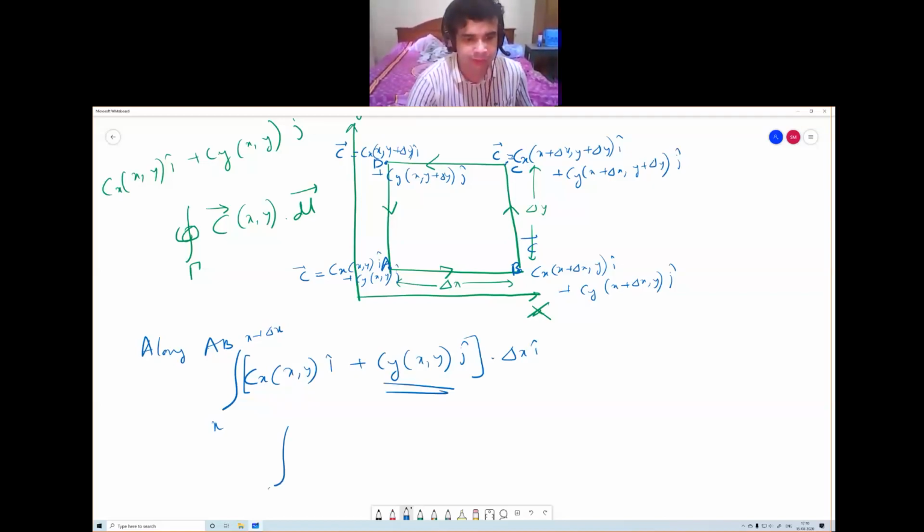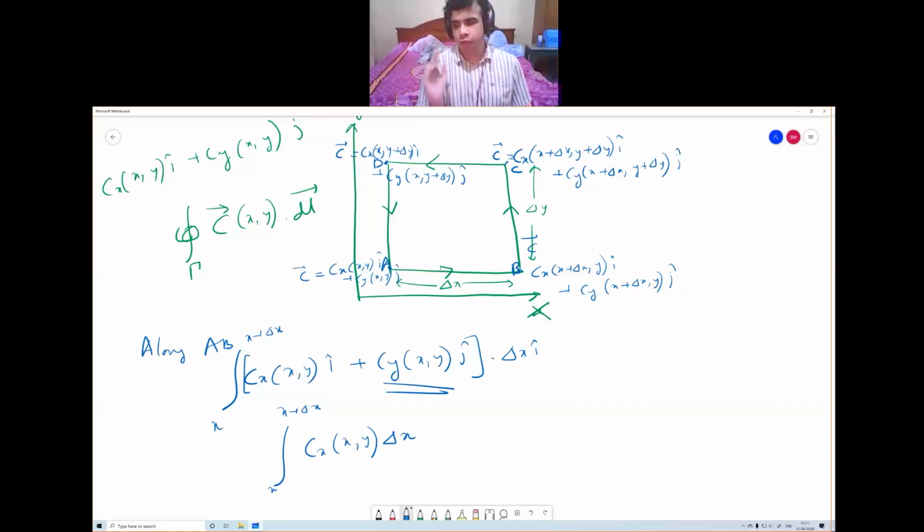So this is Cx(x,y) delta x. This is along AB from this point to this point. Correct? Along AB, will this be the integral?